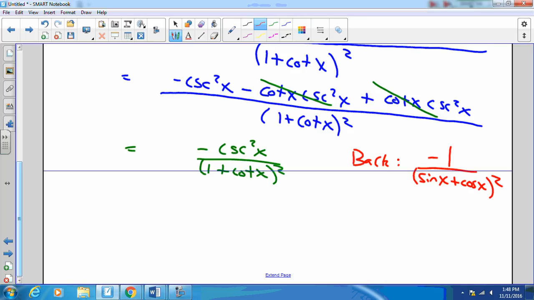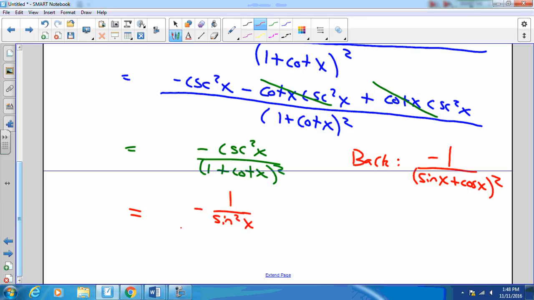So let's think through. If we assume that this answer and this answer are both possibly correct answers, then it must be the case that I can transform this into this using valid algebra. What do I need to do to this guy if I want it to look like that guy? 1 over cosine.